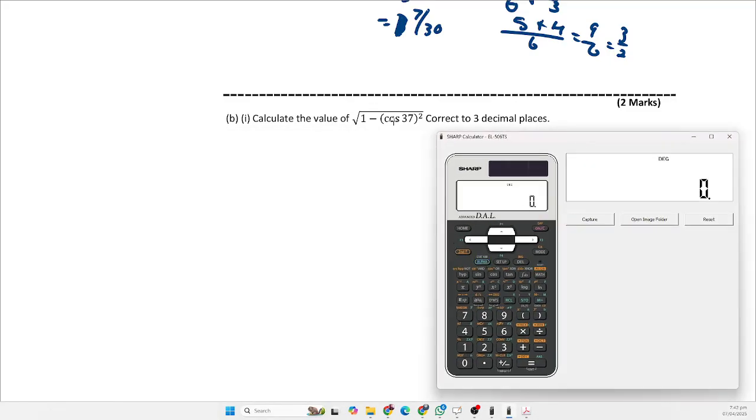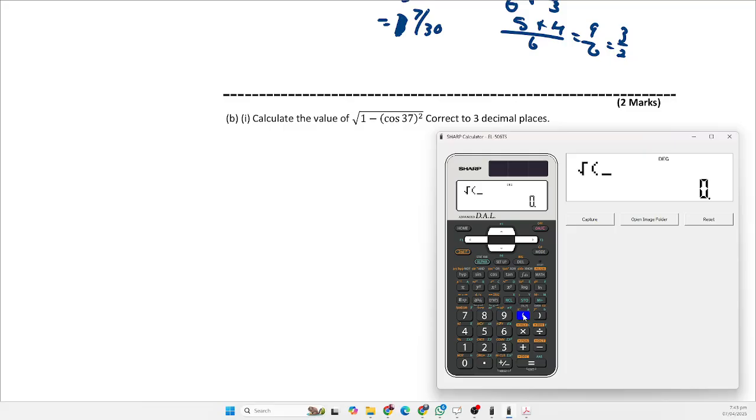Now, again, when you're using a calculator, your calculator will not understand that you want to find the whole square root of 1 minus cos 37 squared. You need to let your calculator know that I need to find the total square root of that. How do we do this? By using your brackets. So second function x squared, which is square root, open bracket.